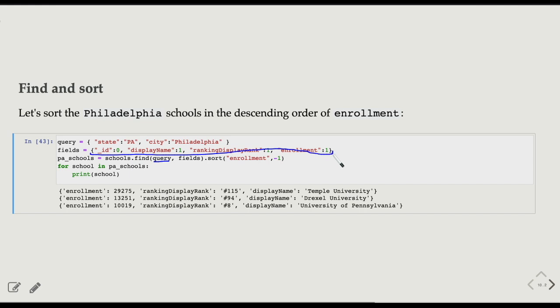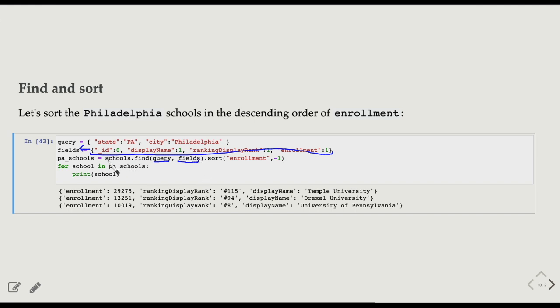So we put this JSON expression with information about which fields we want to show, which fields we want to hide, and assign this expression to fields.